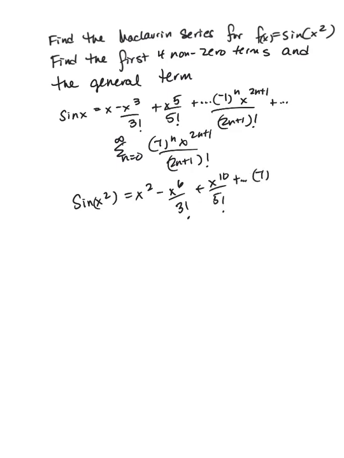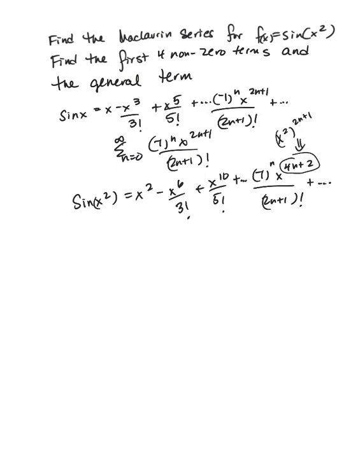Okay, so the negative 1 to the n stays, but then that's going to be x squared to the 2n plus 1. So when you distribute, that will be 4n plus 2 over, nothing happens to the denominator here. So keep that in mind, because x squared to the 2n plus 1 is x to the 4n plus 2. Okay, so just be careful with that. So this is your general term.